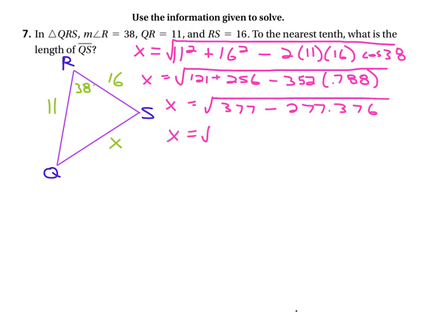And then if you further calculated that, we would say 377 minus 277.376, 99.6624. You can see it's roughly 100, just under 100, so the answer should be just under 10 when you square root it.